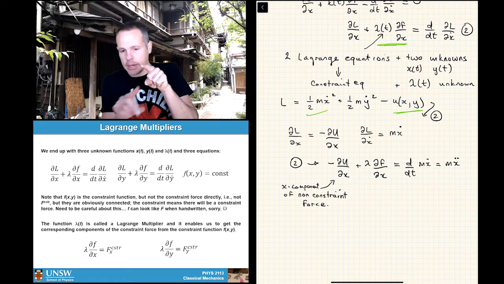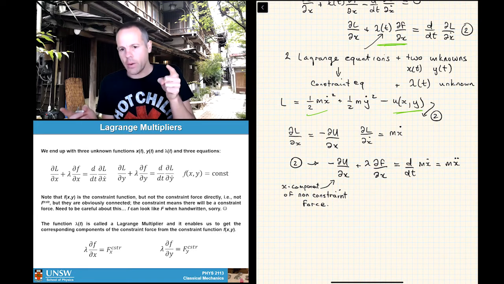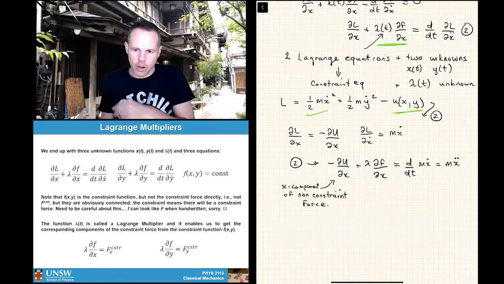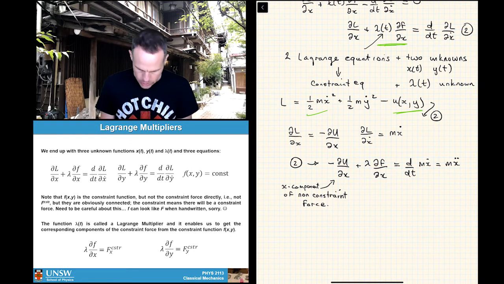In this particular case, for the pendulum, it's gravity, and our tension in the string doesn't turn up anywhere in the potential. It's a separate kind of force that doesn't exist inside potentials.